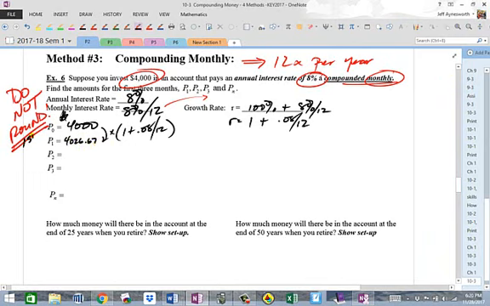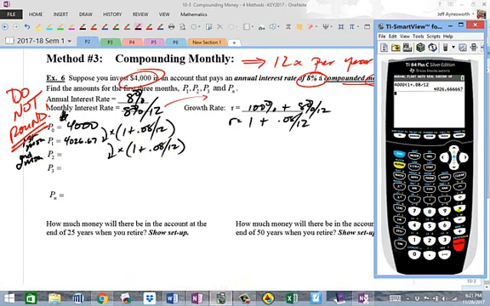Now, after 2 months, let's see what happens. We multiply that again by the growth rate, which is 1 plus 0.08 divided by 12. Oh, shoot, I pressed the wrong button.